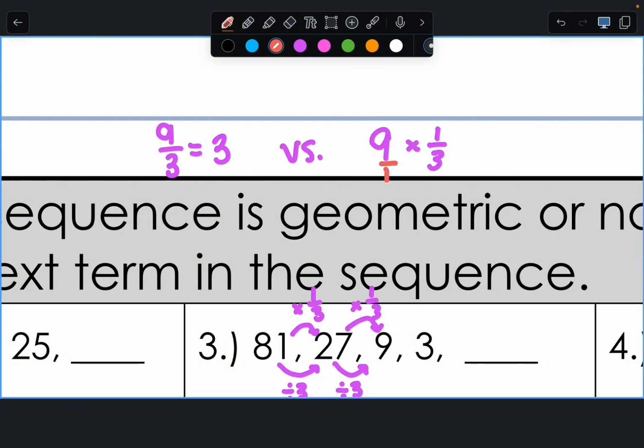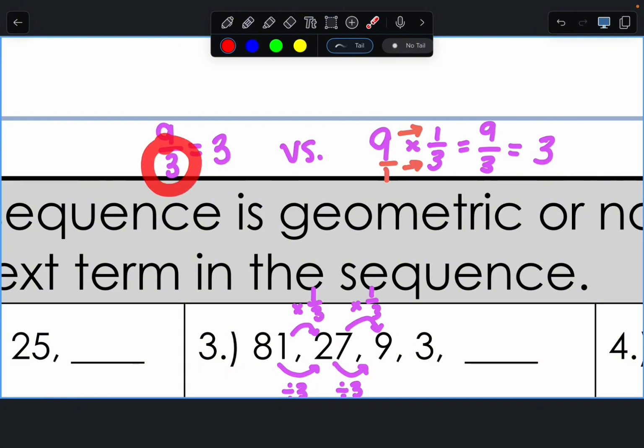And then when you multiply, do you multiply diagonally or straight across? Straight across. So 9 times 1 is 9, and then 1 times 3 is 3. Then you have 9 divided by 3, which is 3. So once again, as a quick recap, dividing by 3 is the same as multiplying by 1/3.